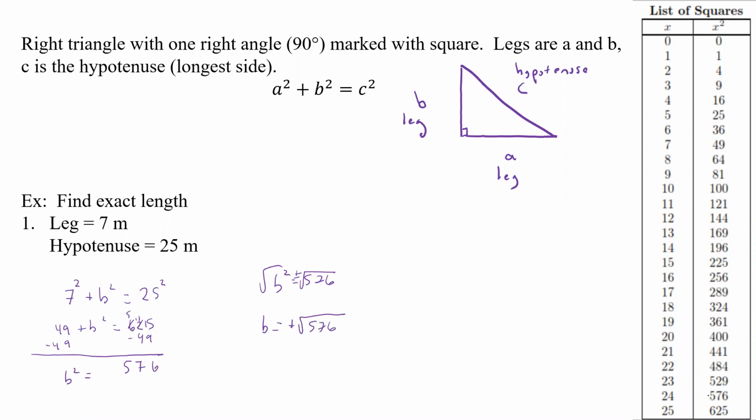And if we look over here, that's equal to 24. So in this case, b is equal to 24, and our unit was meters. So that's how big leg 2 was if we consider b as leg 2. All right, so that's how we're going to do it. We're just going to solve using the Pythagorean theorem, plug in values we know, and then simplify.